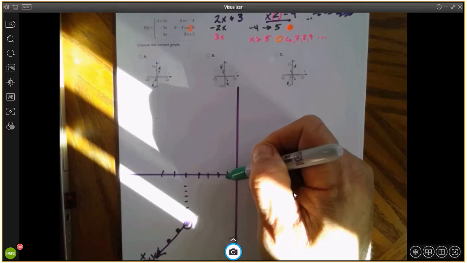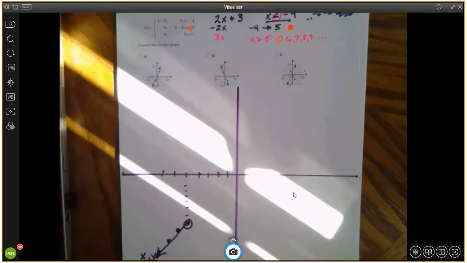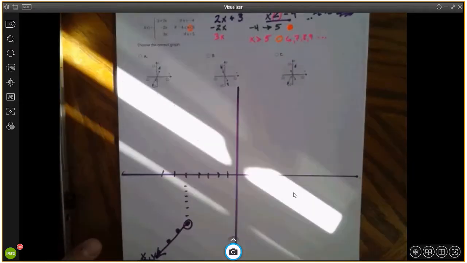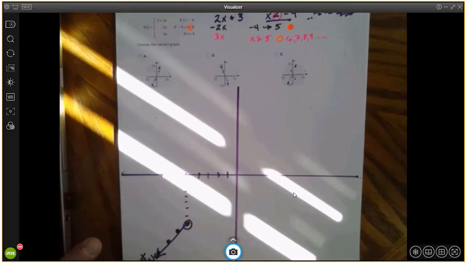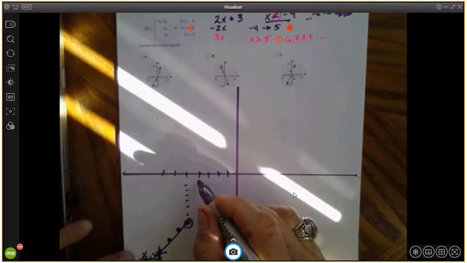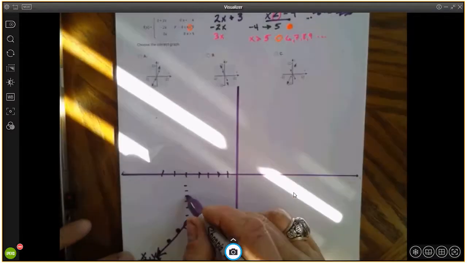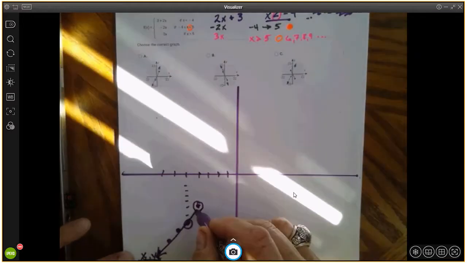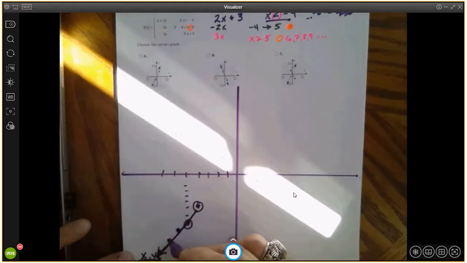I messed up. I need to put a -4 here. -4 is -8. That plus 3 is -5. So let me fix that. So -4 is a -5. 1, 2, 3, 4, 5. There's our point right there. I'm sorry, I messed up. Okay, there's the line for the purple.